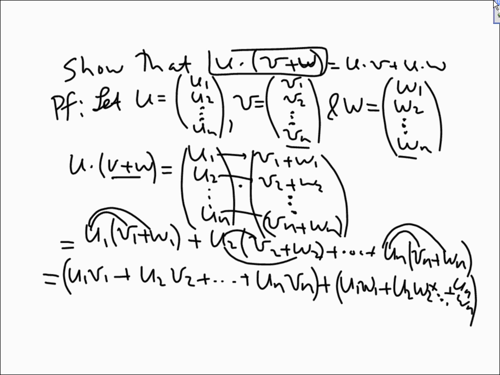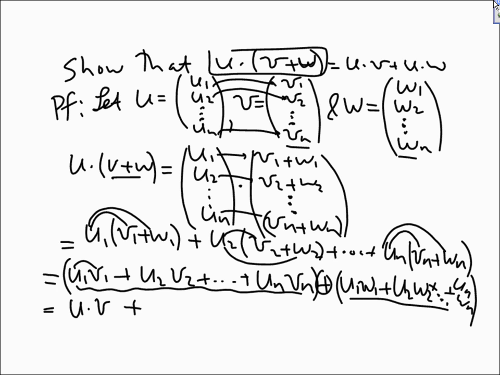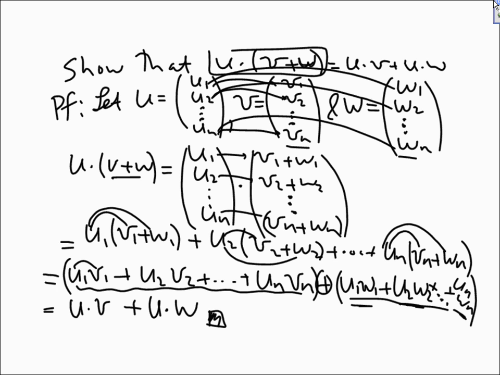But this first bracket is U dot V, and this second bracket is U dot W. That's what I wanted to show. Proof is done.